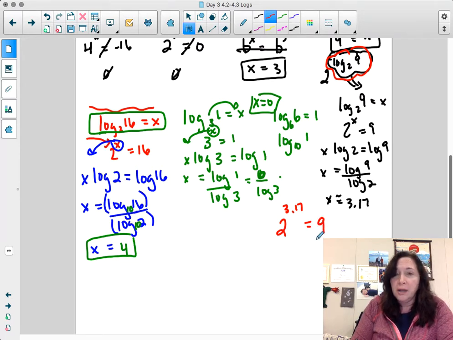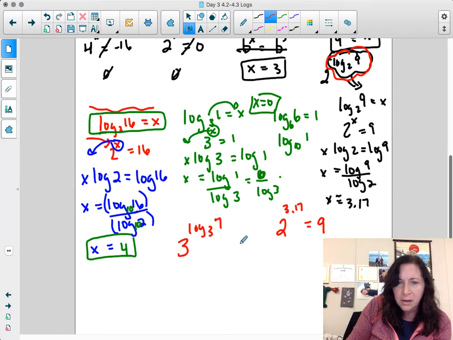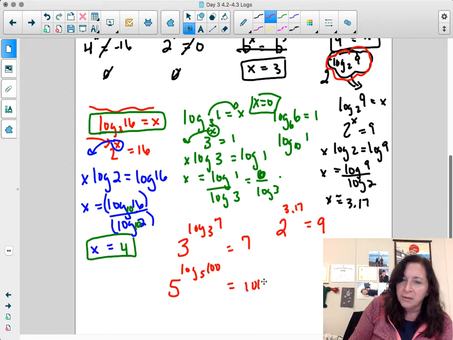Depending on how much you rounded off, your decimal might be like 8.998 or something like that. But that's actually how I got this answer to be 9. So just to reiterate, if I had 3 to the log base 3 of 7, my answer would be 7. If I had 5 to the log base 5 of, let's say, 100, my answer would be 100. Okay?